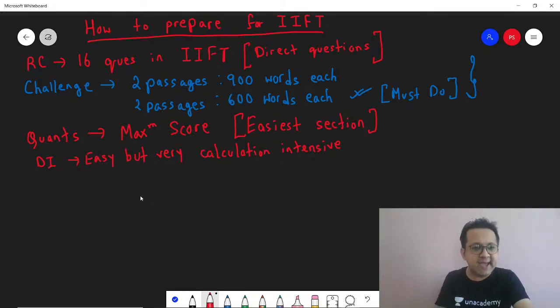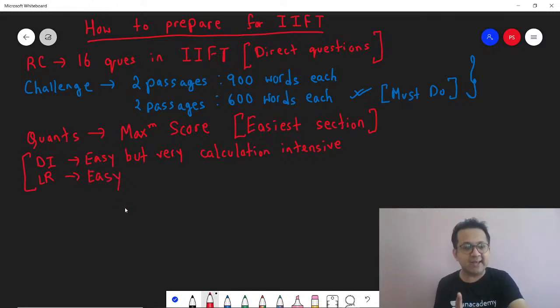You will not be able to solve too many questions if you try solving DI. The trick is you should try to solve LR. Remember, this is one section, LR DI. So please try to solve LR questions rather than targeting the DI sets, because it's going to be very calculation intensive. That has been the case year after year. So focus on LR, and if you focus on LR, you can easily clear the cutoffs.